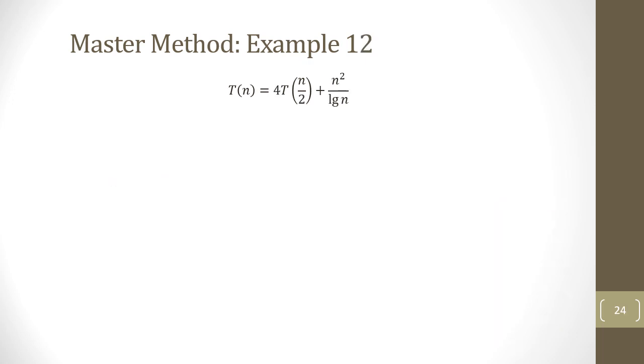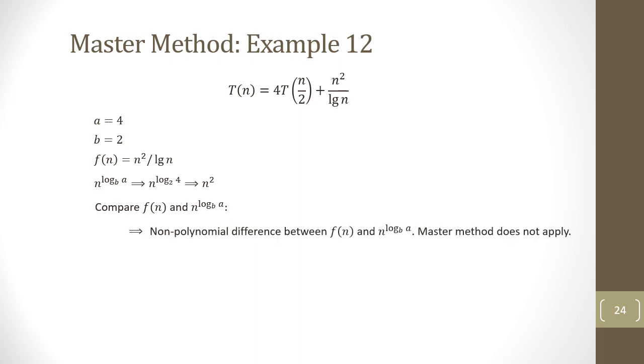Now let's try to solve this tricky recurrence equation using master method. In this case, a will be 4, b will be 2, f of n will be n square by log n, n to the power of log base b of a will be n square. Now if we try to compare f of n and n to the power of log base b of a, we figure out that there is a non-polynomial difference between f of n and n to the power of log base b of a.